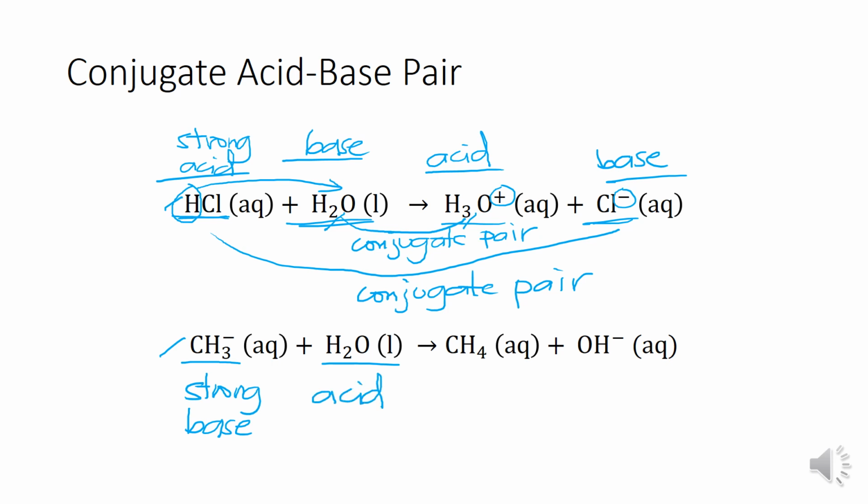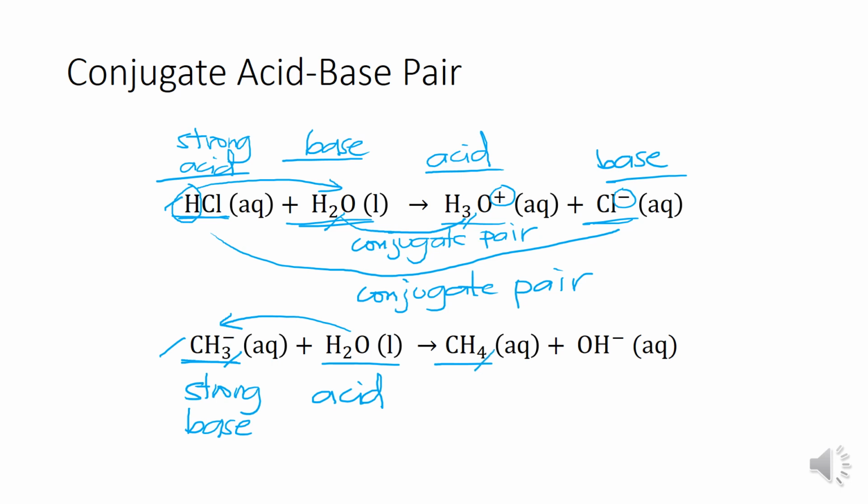Since a base has the tendency to accept a hydrogen ion, one of these hydrogen atoms from water will be accepted by the methyl anion to produce methane. So in methyl, we have three hydrogen atoms. In methane, we now have four.